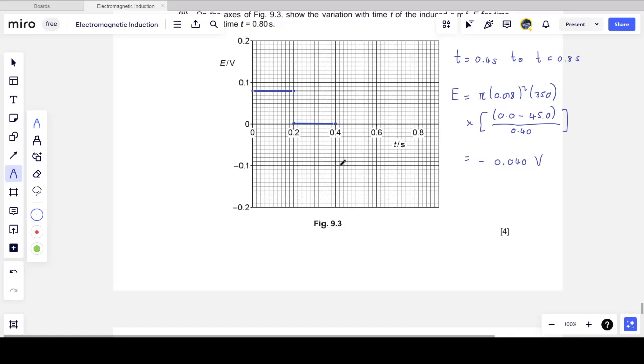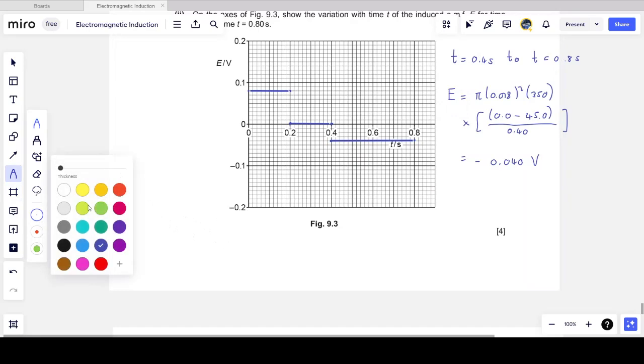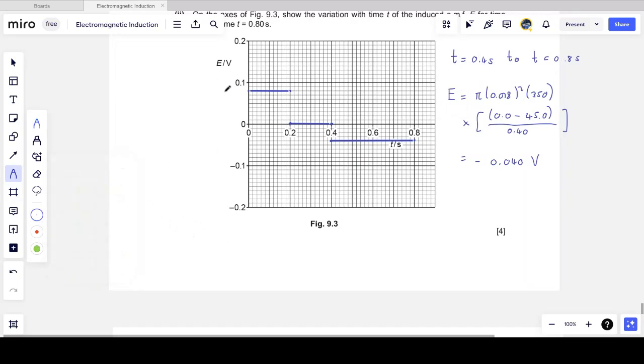And so what I have from 0.4 seconds to 0.8 seconds is, I have to count this to make sure it is, another horizontal line, but at a constant negative 0.04 volts. So I'll write down these important values.